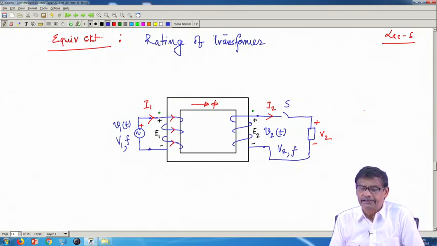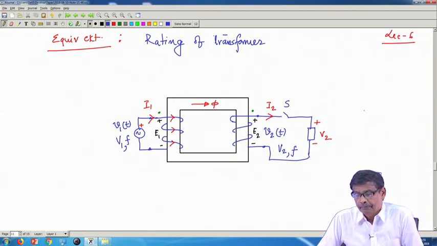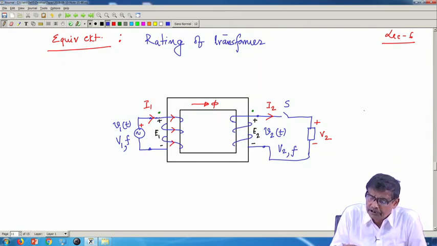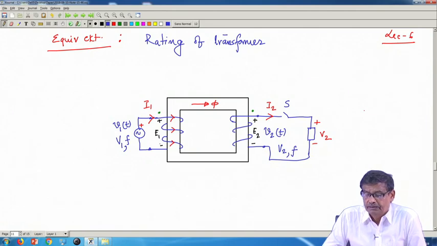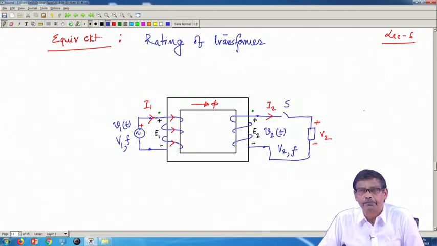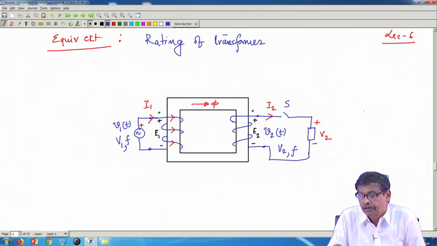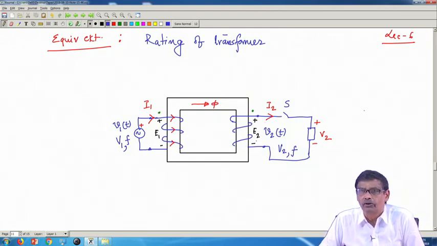If you look at the rating of a transformer, the voltage rating of the two sides must be specified. How much voltage should you apply to the primary side, how much to the secondary side, and so on.